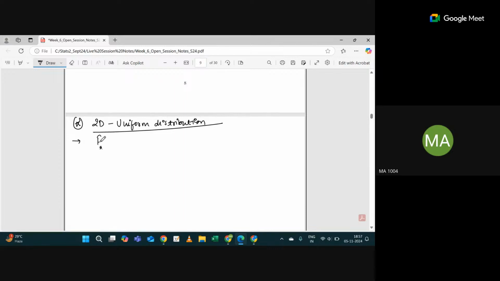Suppose I have some fixed region, let's say D, in R2. And I'm saying the total area is modulus of D.